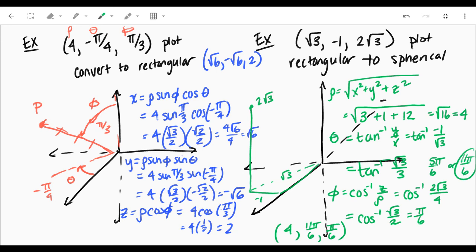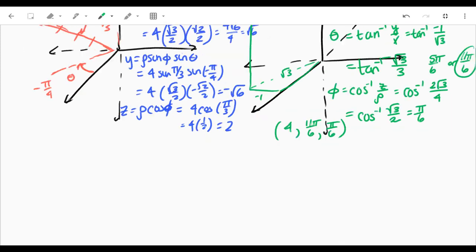All right, let's get into some more of these then, thinking about what some of these graphs are going to look like. The first thing that we want to think about is if any of these things are constant. So if rho is a constant, theta is a constant, or phi is a constant, think about what's going to happen. So let's draw rho equals 3.